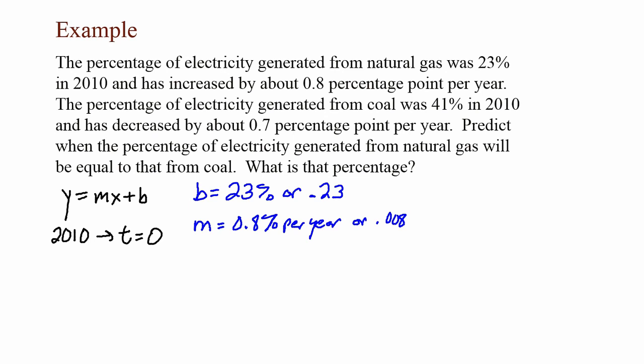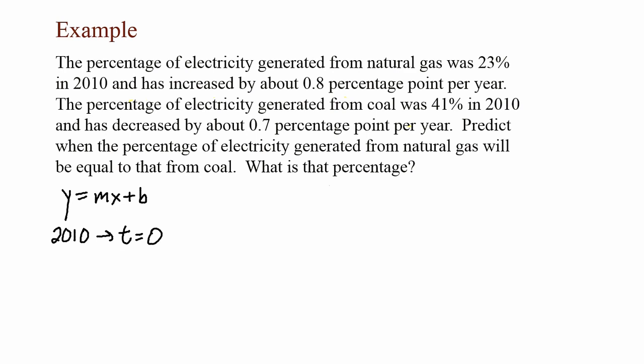Given that information, we can create the equation for our line for natural gas, which I'm going to use N of t as the function name. So N of t replaces your y. My m, 0.008, t for time, replaces my x, plus where we start, 0.23. So now we have the equation for natural gas.